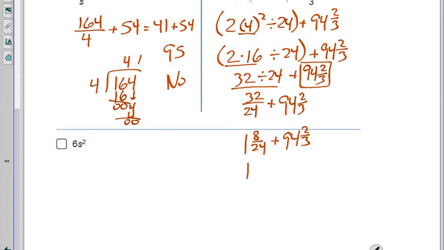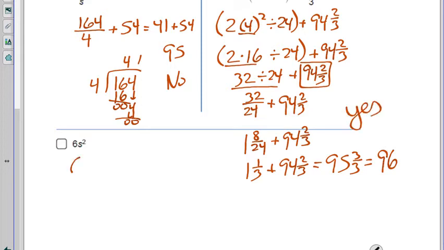And that's 1 1/3 if I simplify by dividing top and bottom by 8. 94 plus 1 is 95. 1/3 plus 2/3 is 3/3, which is 1 whole, so that's 96. So that one is a correct answer.